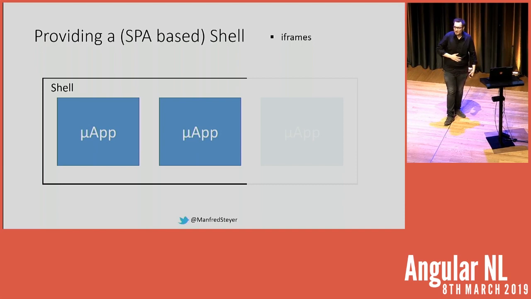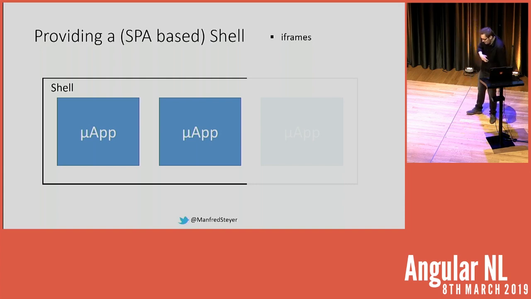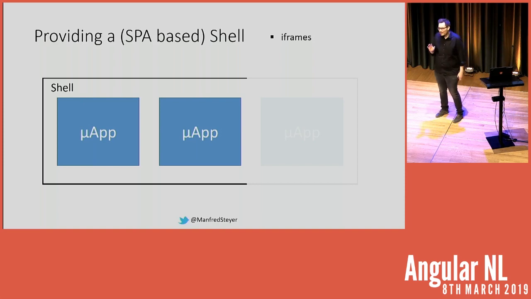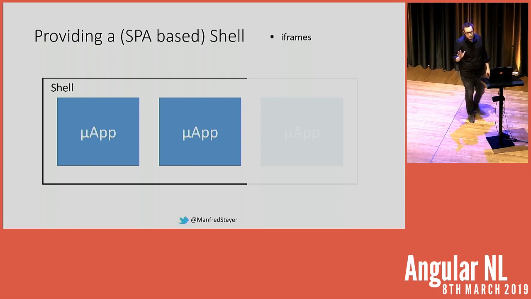iframes. I don't know about you, but I'm always getting this strange feeling in the stomach when I'm hearing the word iframe. But to be honest, iframes are not only bad. They have some advantages, and the biggest advantage of an iframe is isolation.